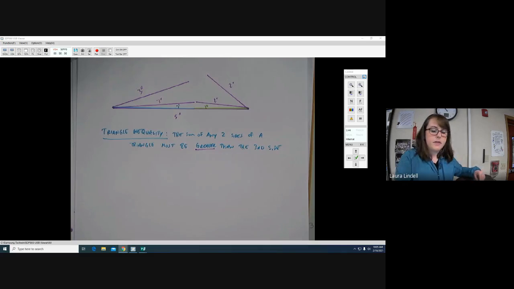All right, so the sum of the length of any two sides must be greater than the length of the third side.